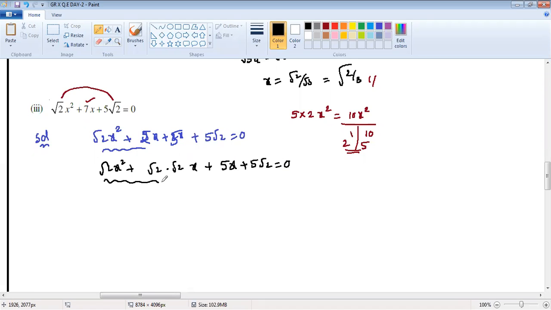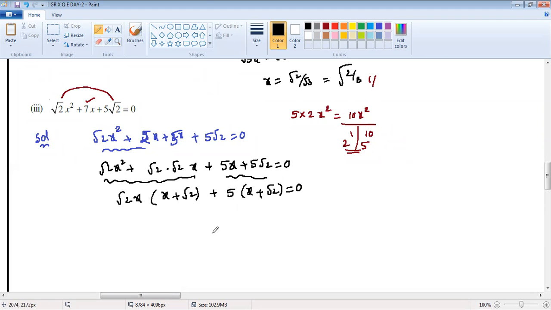In both, what could be common? Root 2x is common, right? Then what is the balance? Root 2x, if you take it out, x plus root 2. In both, 5 can be taken out common. When you take out 5, it will be x plus root 2, which is equal to 0.